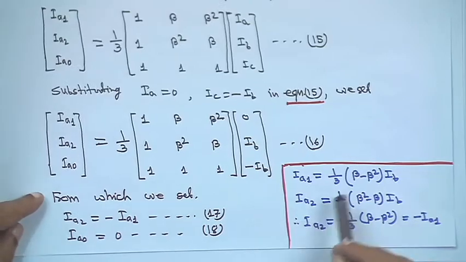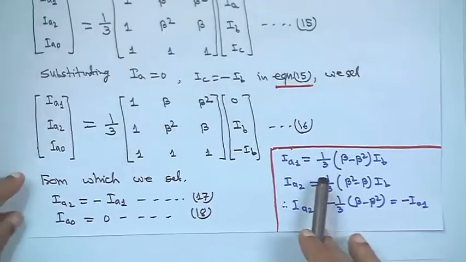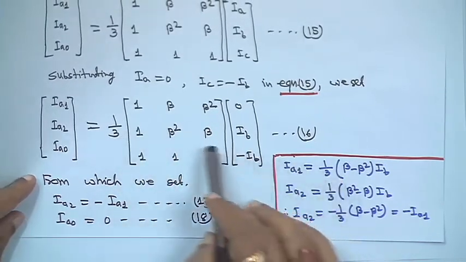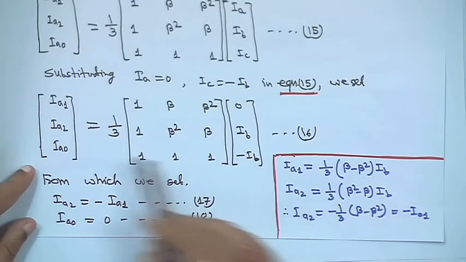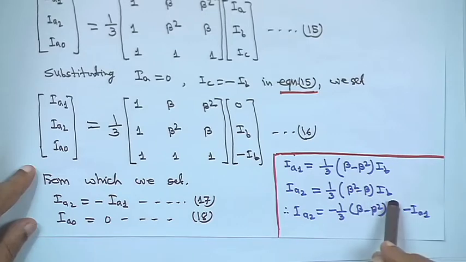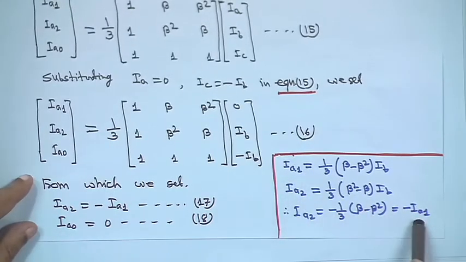That means no zero sequence current. IA1 is equal to 1/3 times beta minus beta square times IB, and IA2 from this equation is 1/3 times beta square minus beta times IB. That means IA2 is equal to minus 1/3 times beta minus beta square, which is minus IA1.